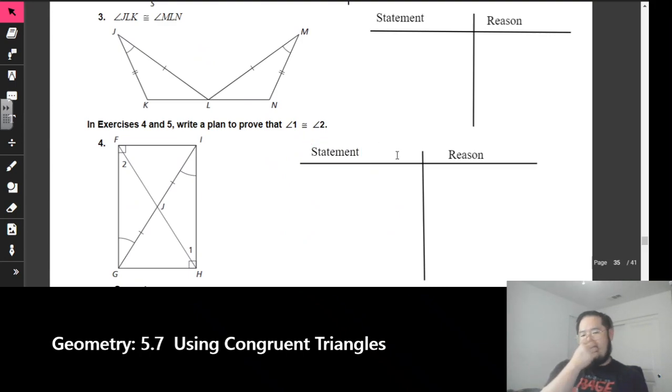Let's see if we could prove that angle JLK is congruent to angle MLN. All right, so let's see right here. Let's be a little more specific.